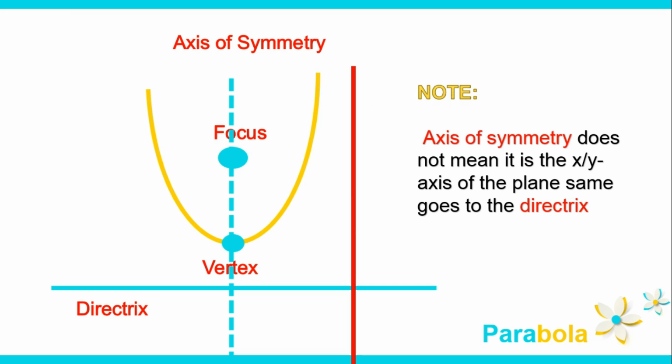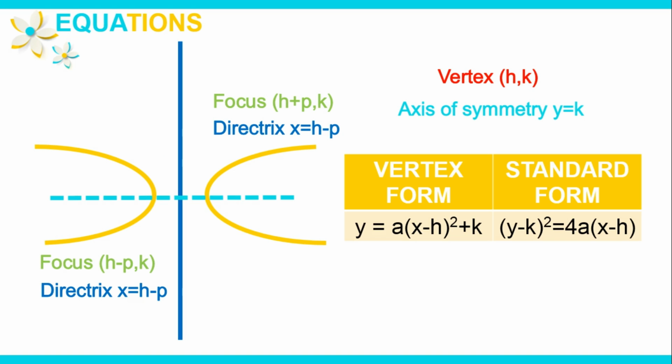Same goes to the directrix. So remember, ang distance sa focus from the vertex is the same distance from the vertex to the directrix. Sorry sa graph, hindi ko siya equal, pero equal na siya.